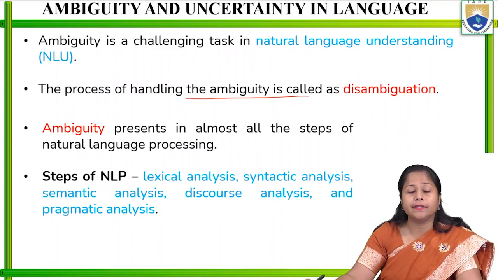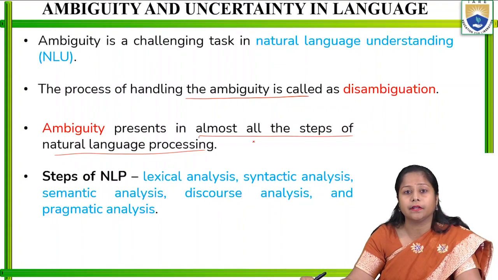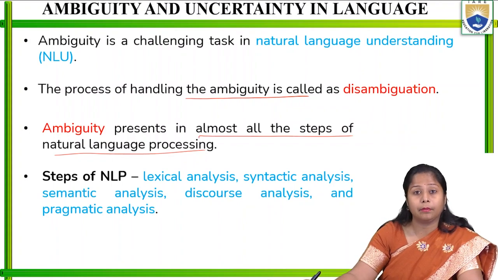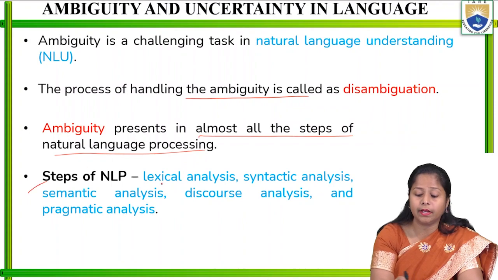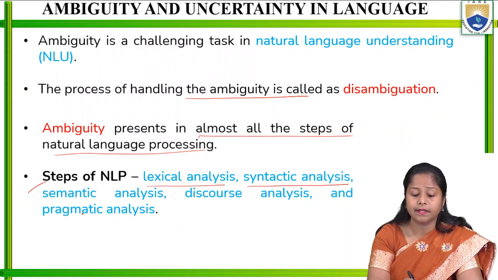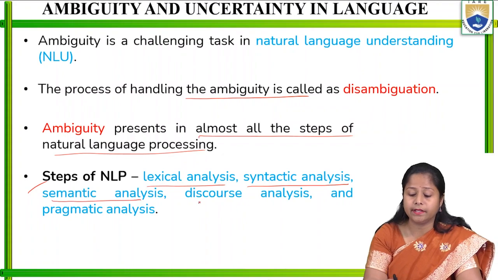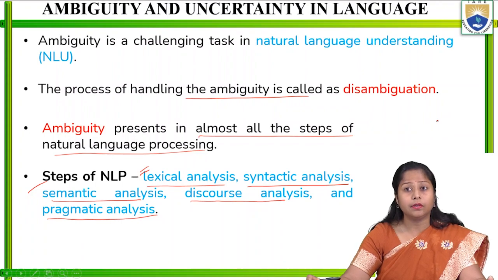Ambiguity is present in almost all the steps of natural language processing. When we are doing natural language processing, all the steps will come when we are working with ambiguity. The first step is lexical analysis, next syntactic analysis, then semantic analysis, discourse analysis, and pragmatic analysis.